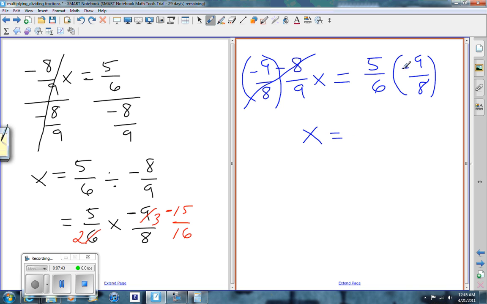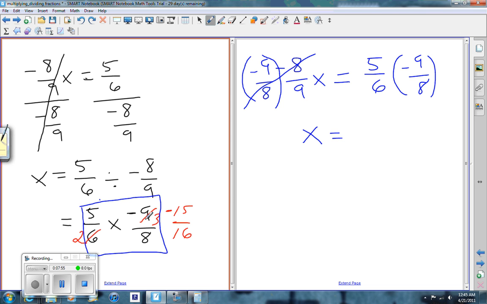On this side, you can see that we're down to multiplying this fraction times this fraction, which is what we have going on over here, right? 5/6 times -9/8. This just saves us a little bit of work and setup that we otherwise have to do. So if you can't remember what to do with this, go ahead and think it through just like we did before, where they're multiplying, I need to divide.